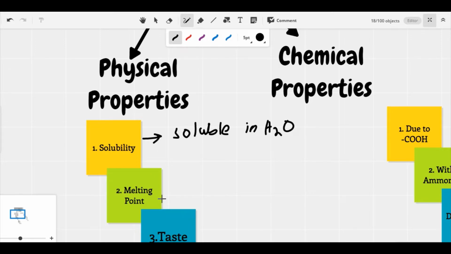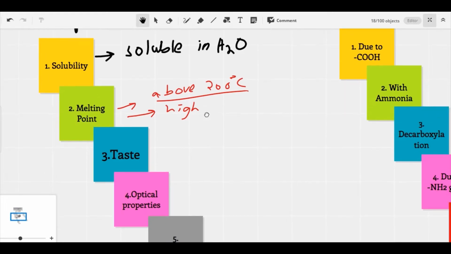The next one, melting point. Remember that the amino acids mostly melt above 200 degrees Celsius, so the melting point is very high. And next one, the taste.